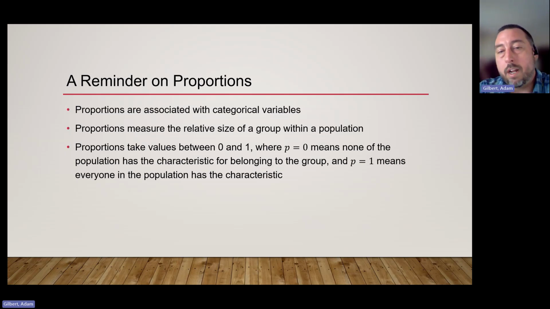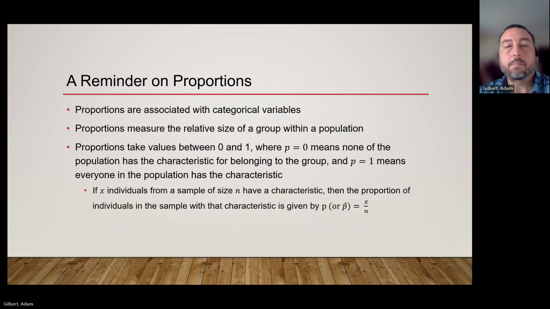A proportion of 1 means every item in the population has that characteristic. And proportions in between measure, again, the relative size of the subgroup in our population that has the characteristic we're interested in. We can also calculate proportions for sample data.